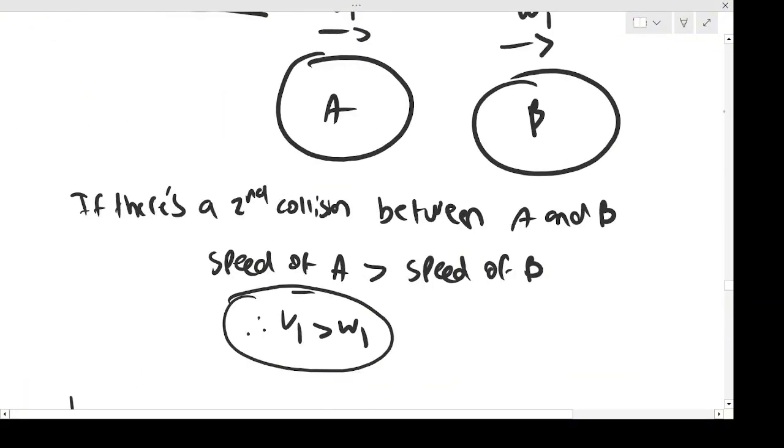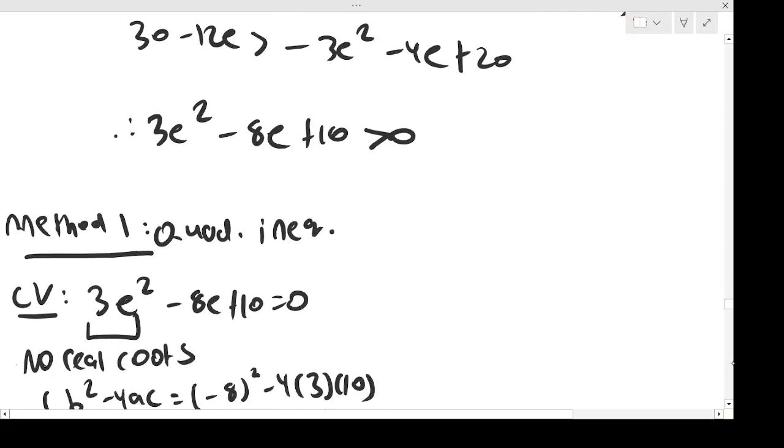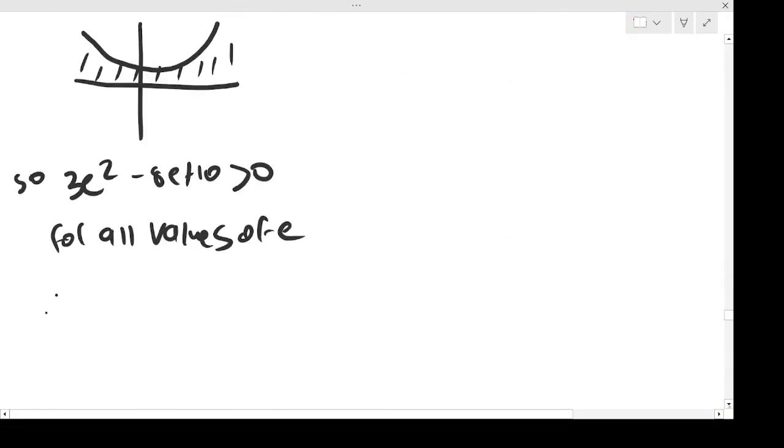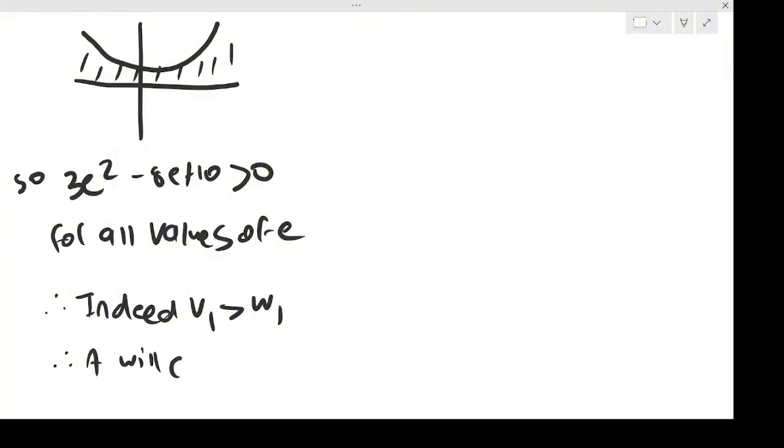So remember, that means that V1 is bigger than W1. So that has to be true, right? Because that's what we got here. So therefore, indeed, V1 must be bigger than W1. And so that means, because we discussed, that A will catch up to B, and so they will collide. So A will catch up to B and collide again, okay? And so there we are.